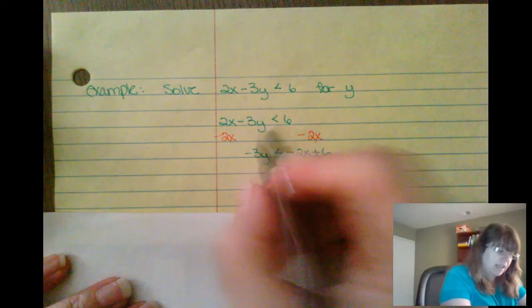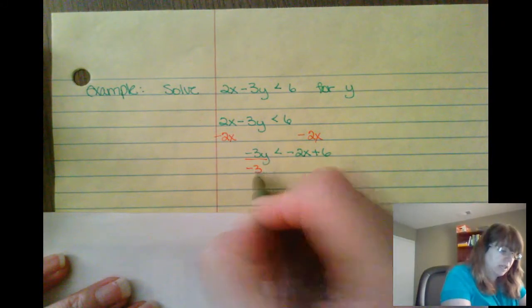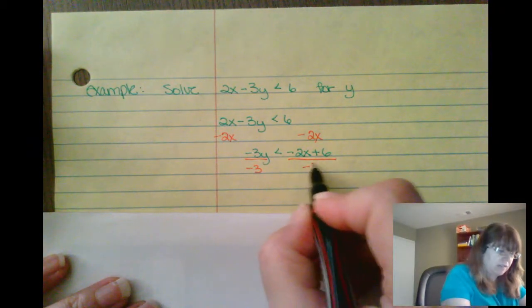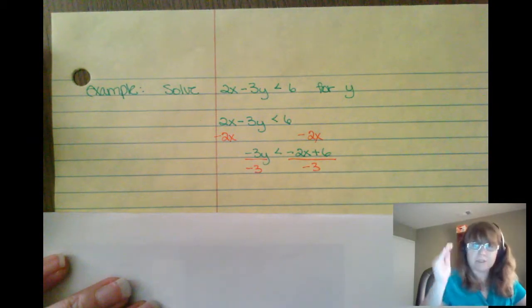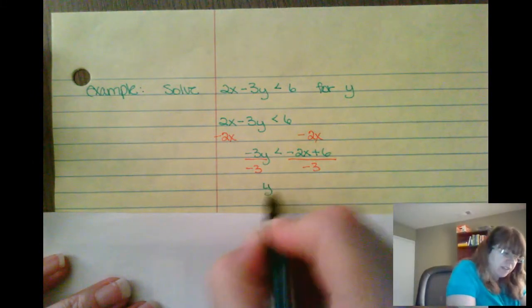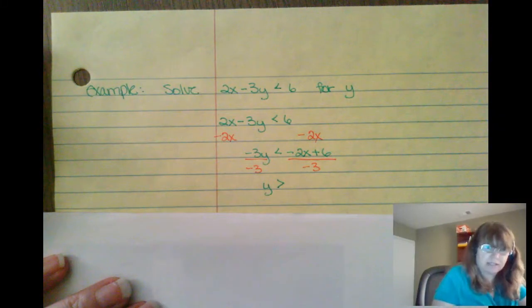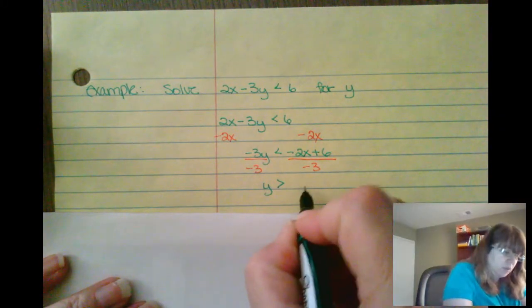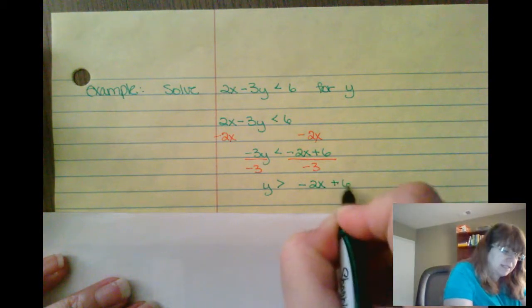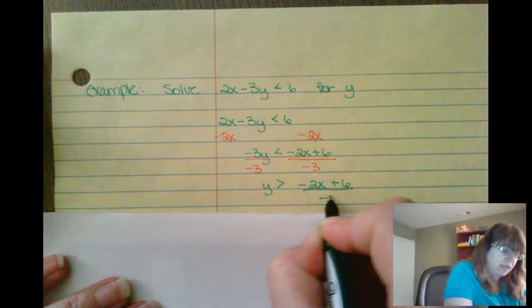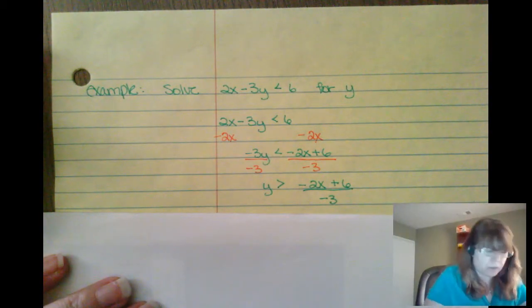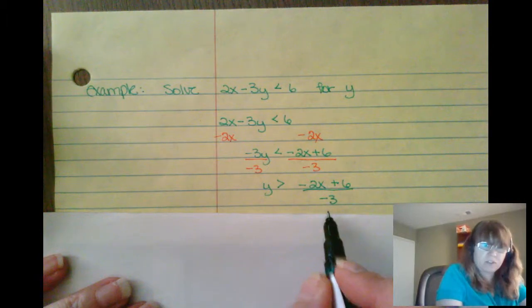I'm going to divide the whole side by negative 3. And since I'm dividing by negative 3, I must flip the sign, leaving me with negative 2x plus 6, all over negative 3, but that's a bit clunky. So what I'm going to do is give the negative to the top.